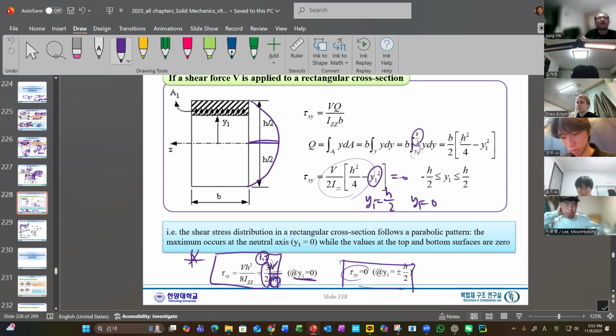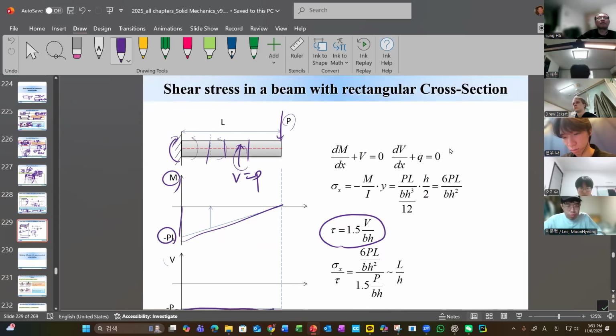Simply force divided by A, the cross-section, and 1.5 times. So 1.5 times bigger than average. This is, you can say, the average, right? V divided by BH, the cross-section. So the maximum is always 1.5 times bigger than the average. So that is the maximum.